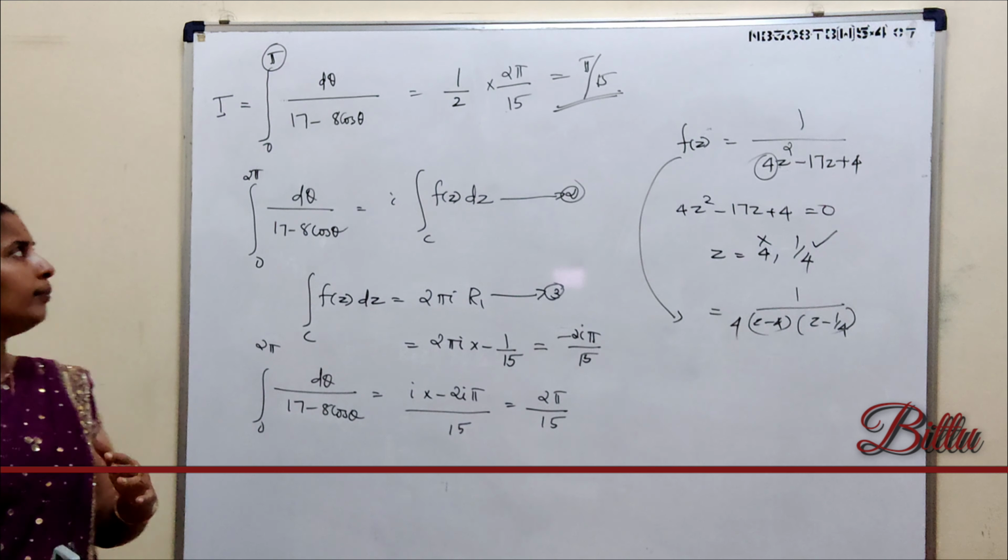Next we have to evaluate one more integral. It is integral 0 to 2 pi d theta by 5 minus 3 cos theta the whole square. As I mentioned earlier, don't expand here. Instead of that, you consider it as a double pole. Here are the substitutions. z equal to e raised to I theta, then you can say d theta is dz by iz, and cos theta is z plus 1 by z by 2.